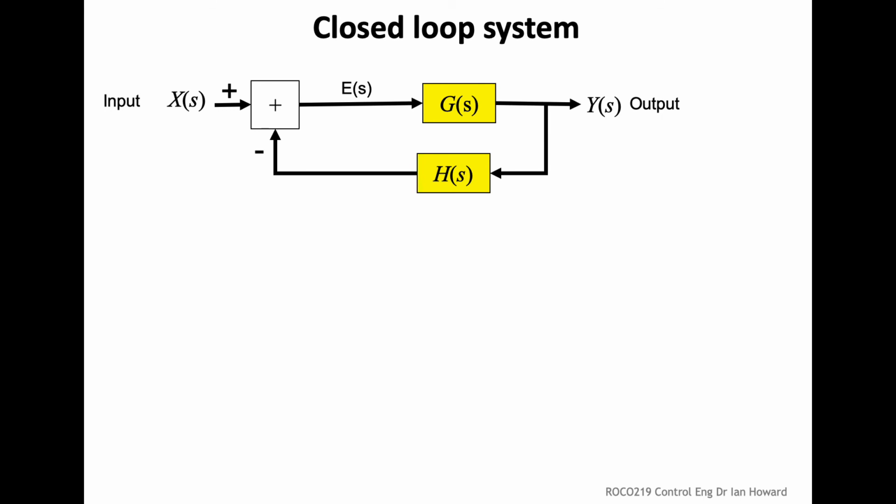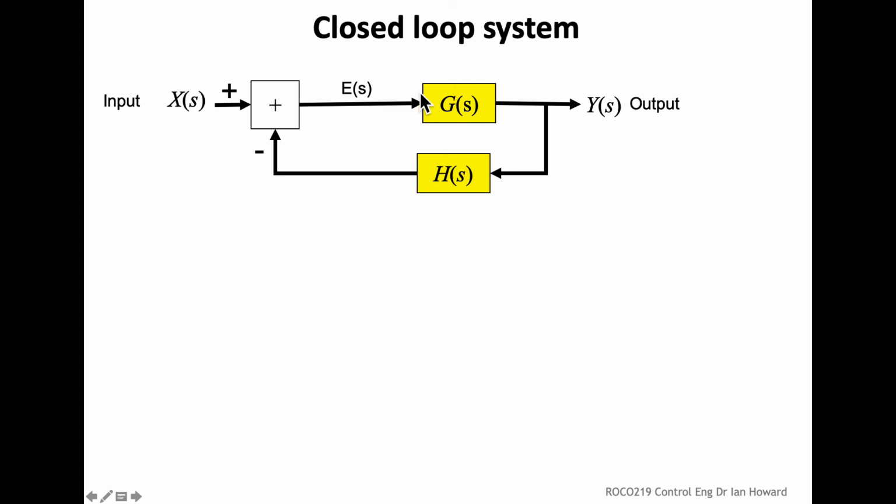Slightly trickier and very, very important for control engineering is what is the effective transfer function for a closed loop system. And this is a typical thing that comes up a lot in control engineering. So we've got a gain of G(s), this could be the plant, it could be the plant and also some controller.